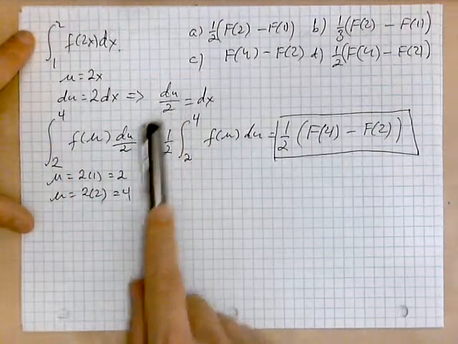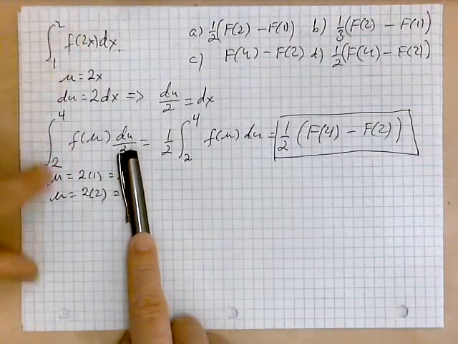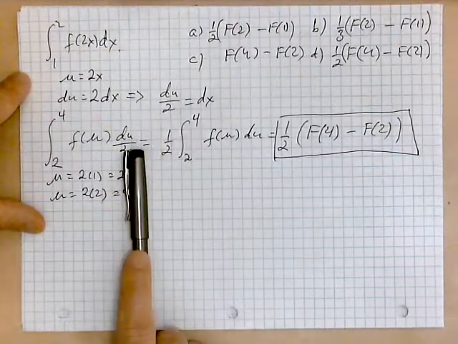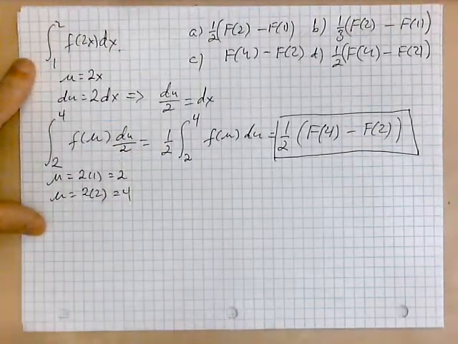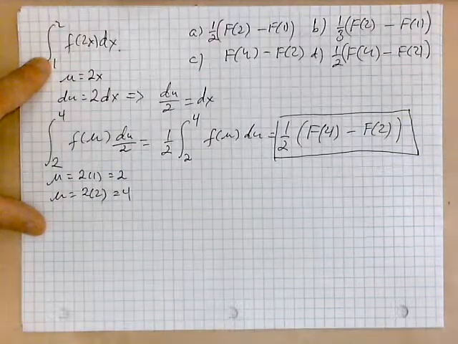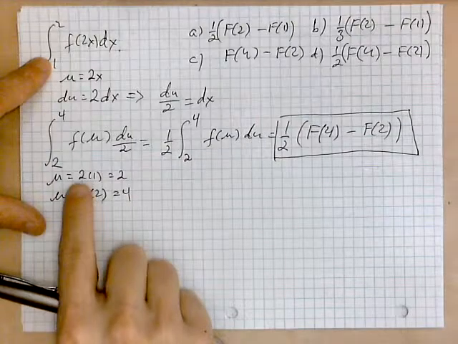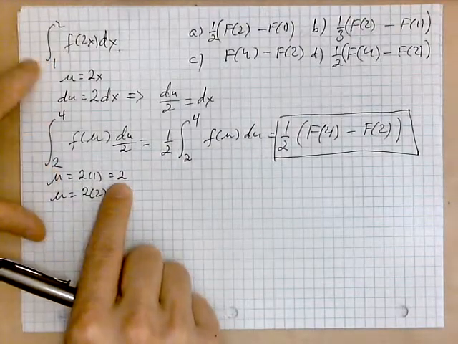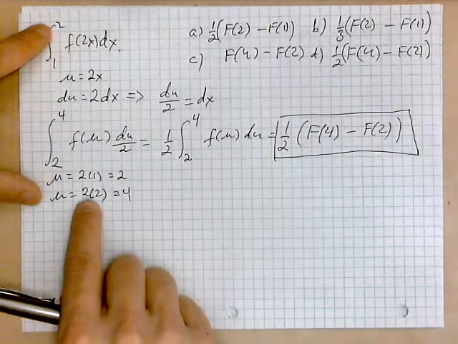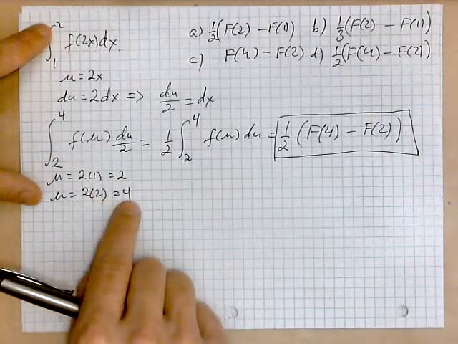Then you go to the integral and you make the replacements. Where you see 2x, you replace it with u. Where you see dx, you replace it with du over 2, as I've done here. Where you see 1 as a lower limit of integration on the x, you replace that with 2 times 1, which is 2. Where you see 2 as the upper limit of integration, you replace that with 4. 2 times 2 is 4.